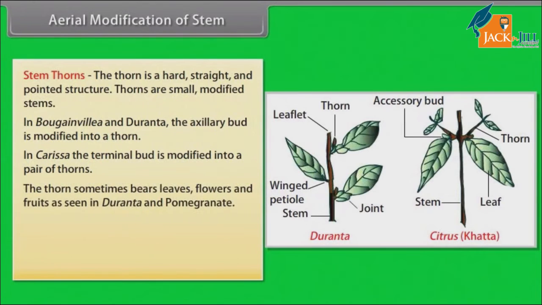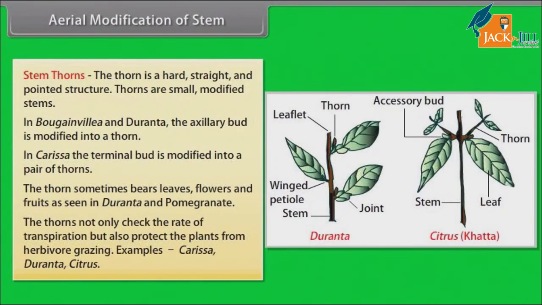The thorn sometimes bears leaves, flowers, and fruits, as seen in duranta and pomegranate. The thorns not only check the rate of transpiration, but also protect the plants from herbivore grazing. Examples: carissa, duranta, citrus.